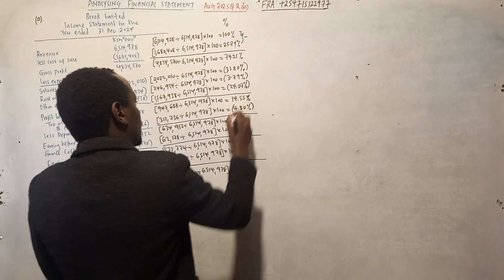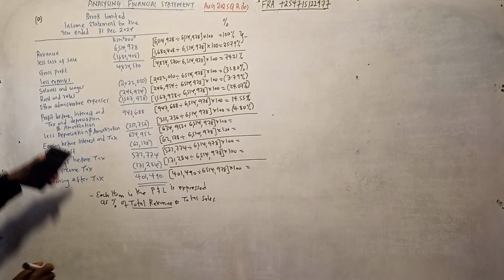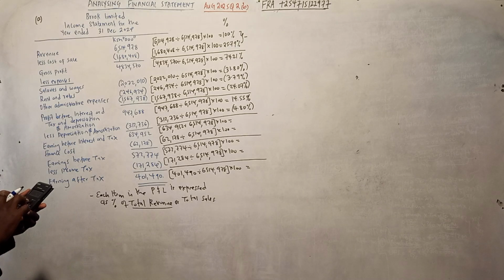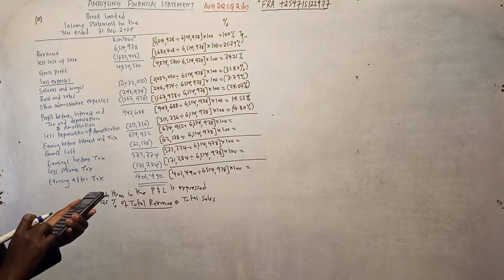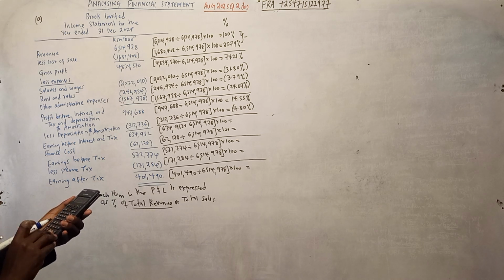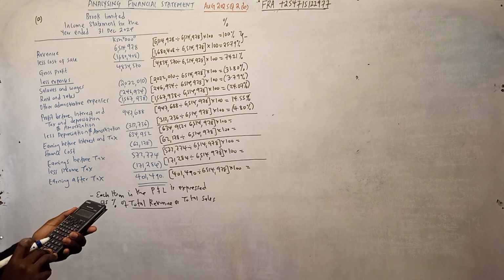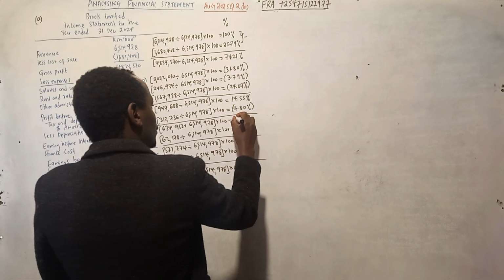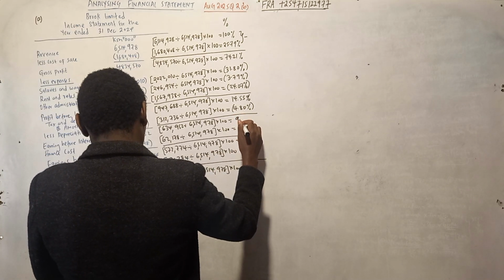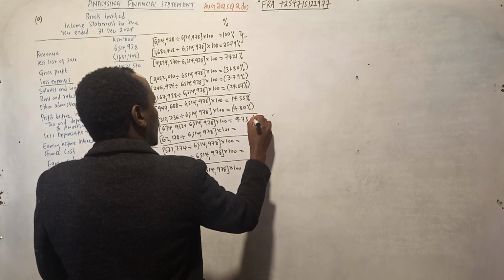This one is supposed to be deducted because it is depreciation, so that you can get the earnings. 634,952 divided by the answer, which is equal to 9.75%.